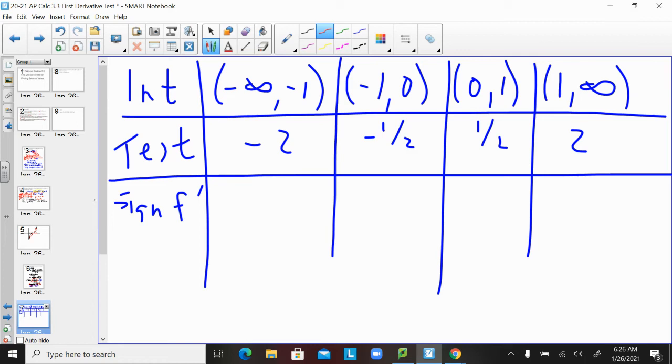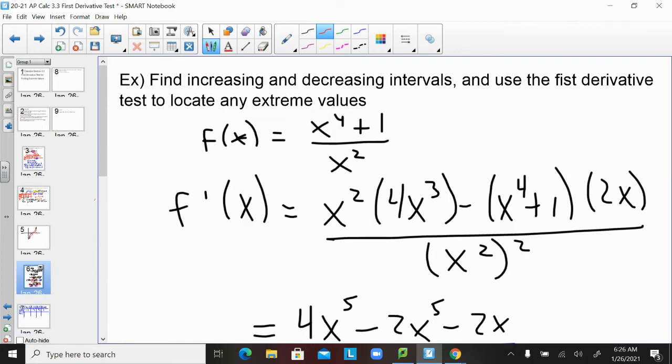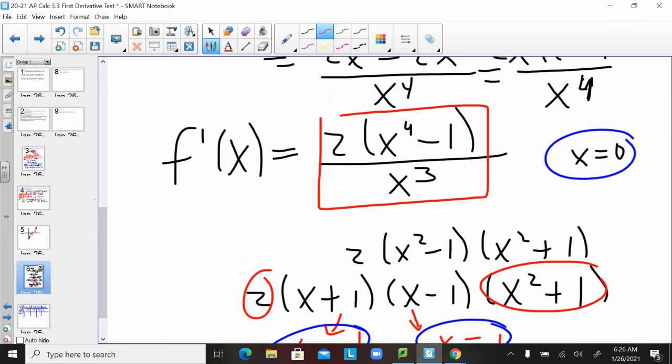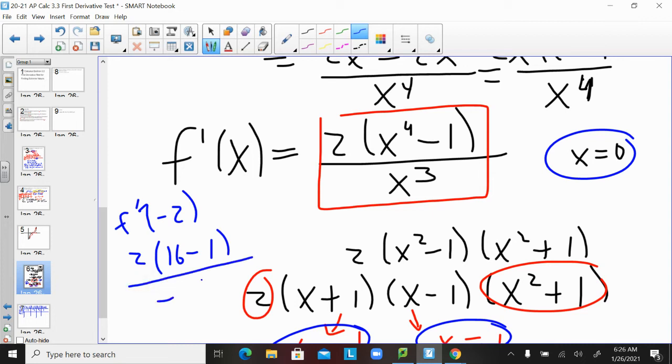So first, let's look at negative 2. I'm trying to find f prime of negative 2. Well, that's 2 times negative 2 to the 4th, which is 16, minus 1. That's all positive. X cubed is going to be negative 8. So it's a positive over a negative, which is a negative.